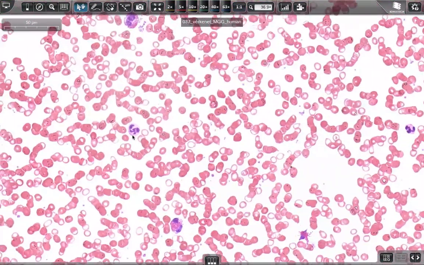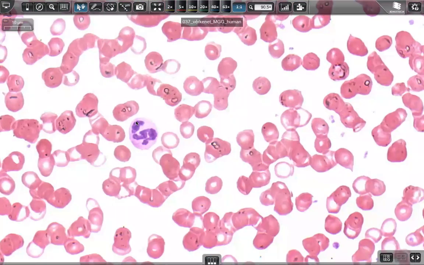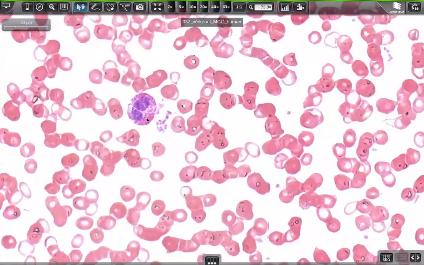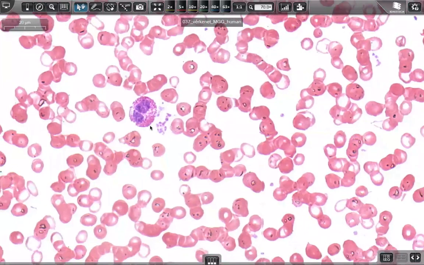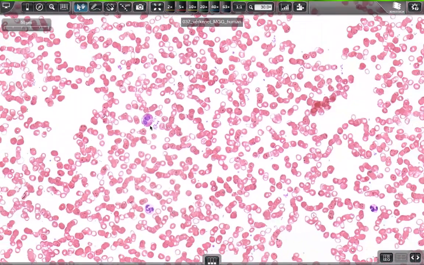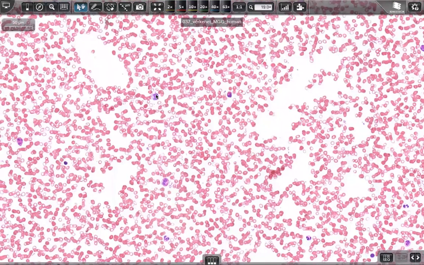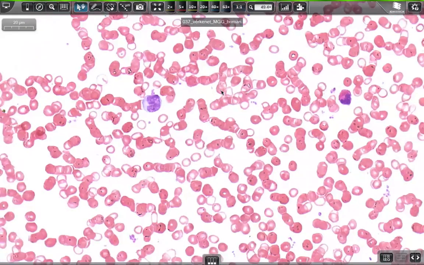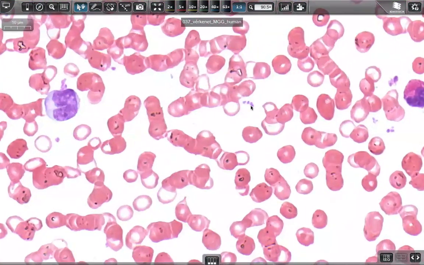That is a different one. That is a segmented nucleus. So this is a neutrophil. Also an eosinophil. Look at that, that's different. There is a bean-shaped nucleus. So this is a monocyte. Here we can see platelets.